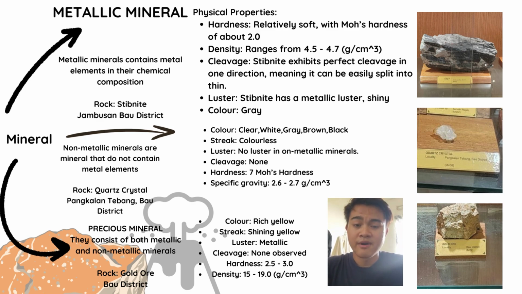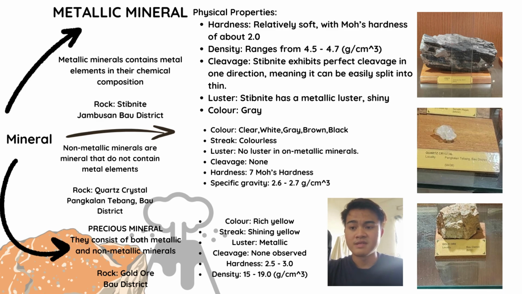Minerals can be classified into three different groups, which are metallic, non-metallic, and precious minerals. The first one is metallic mineral, which contains metal elements in its chemical composition. The rock example is stibnite, which can be identified at Jambusan, Bau.